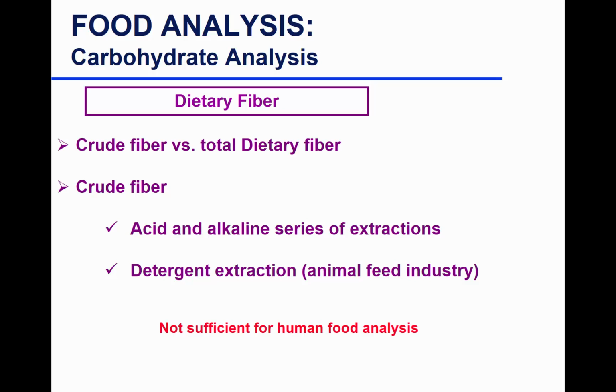Using acid first and then alkaline, what happens is you're digesting starch, you're digesting the proteins, your fat is also being solubilized. Then what you end up with is your insoluble fiber will precipitate, will not be hydrolyzed.